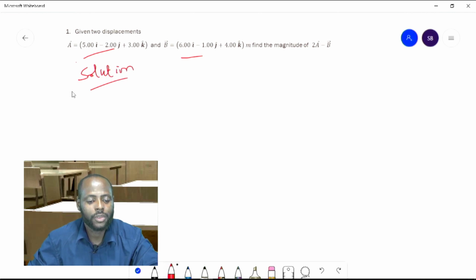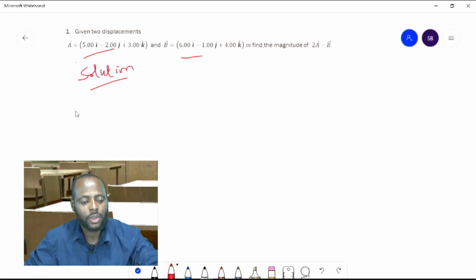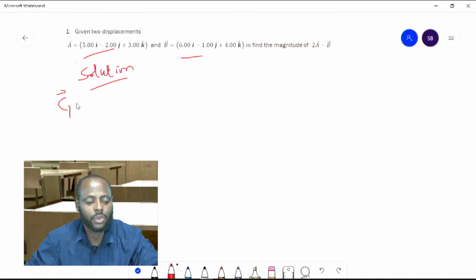We can make our vector g equal to 2a minus b.